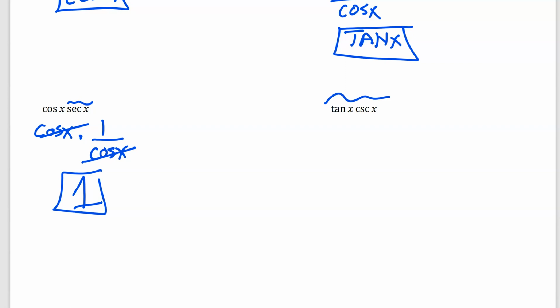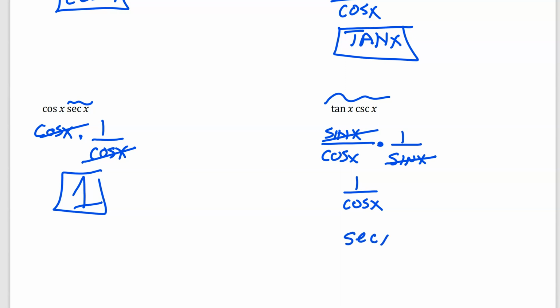Again, we're going to rewrite things in terms of sines and cosines. And see, cosecant is 1 over sine. Sines cancel when we multiply. We're left with 1 over cosine of x, which is really secant of x. It's been simplified, right?